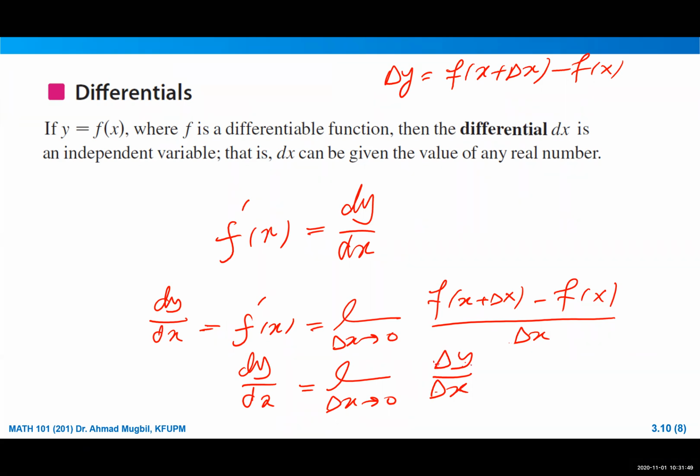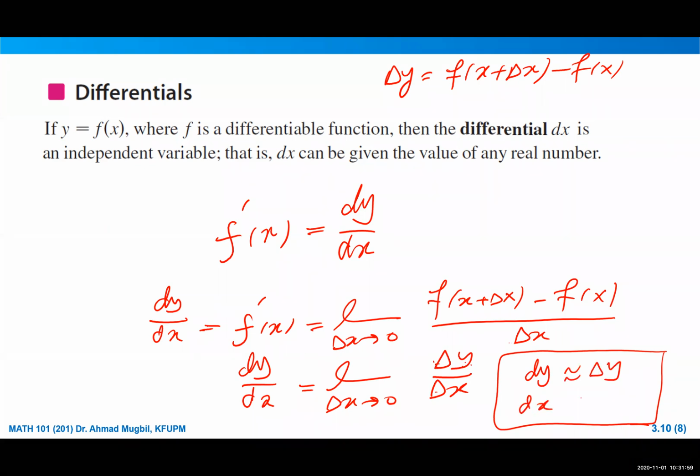Now, according to the limits, roughly speaking, we can say that dy is approximately delta y, and dx is approximately delta x. If we deal with these two quantities as independent, this one is approximately that one.